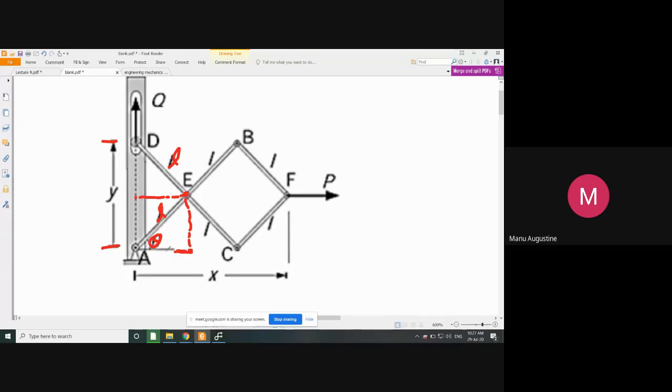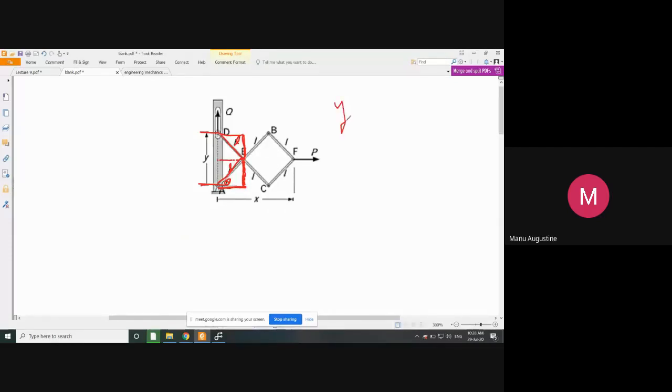So if this line is L cos theta, then obviously this vertical line must be L sin theta. And similarly for this one also. These are same links. See, this is L, this is L. So if this is L sin theta, this must also be L sin theta. And twice of L sin theta will be equal to your y. So eventually your relationship becomes y is equal to twice of L sin theta.